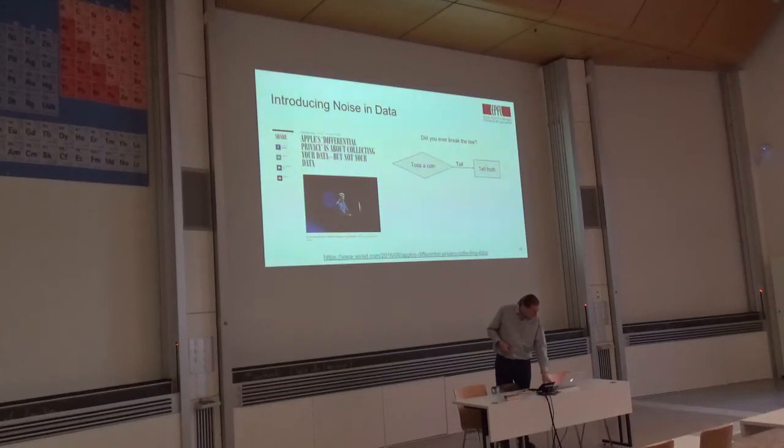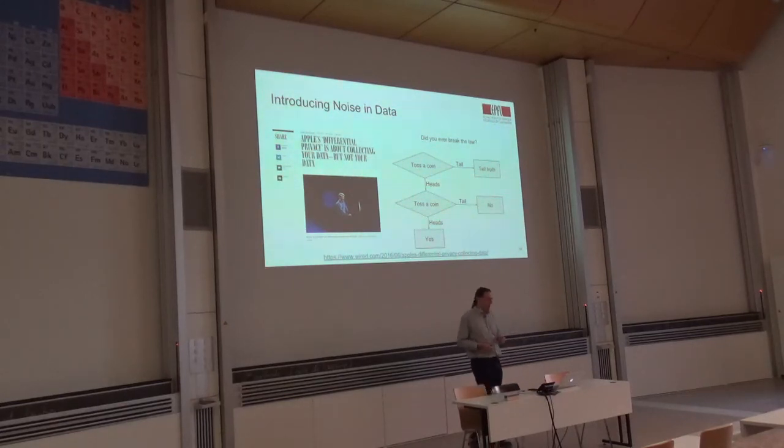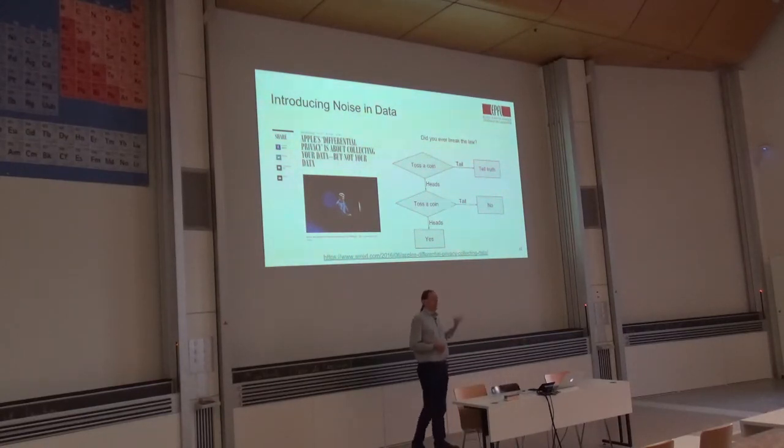If the coin comes up heads, then we toss the coin again, and we use the result of that coin to decide whether we say yes or no. So we're going to lie in this case, and we lie either yes or no randomly.